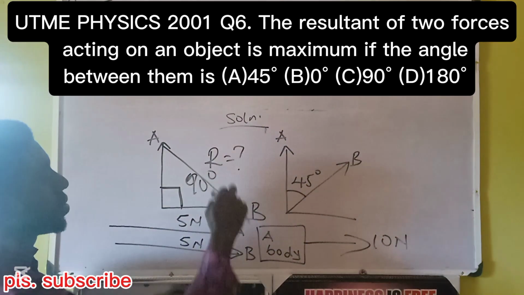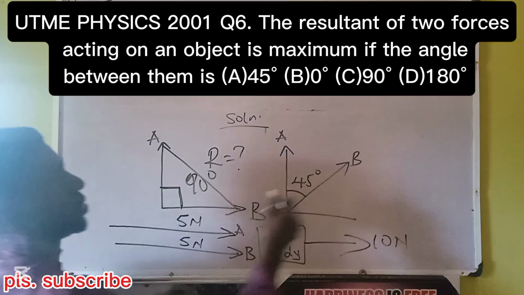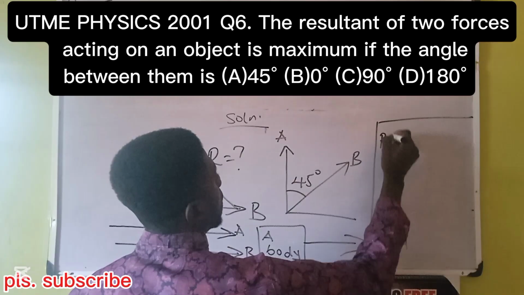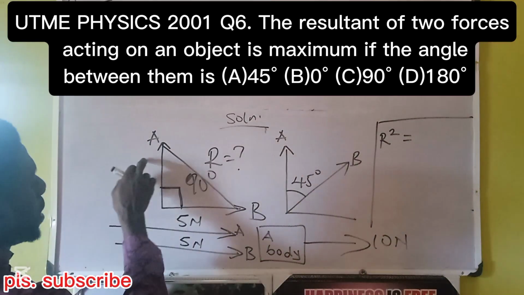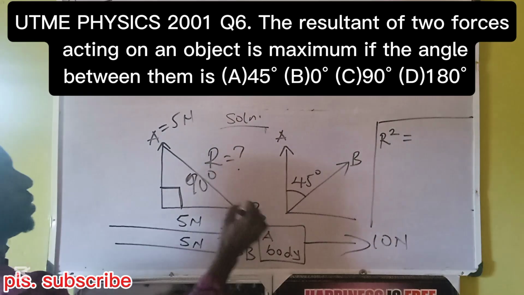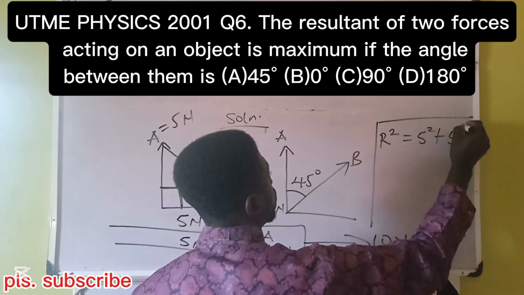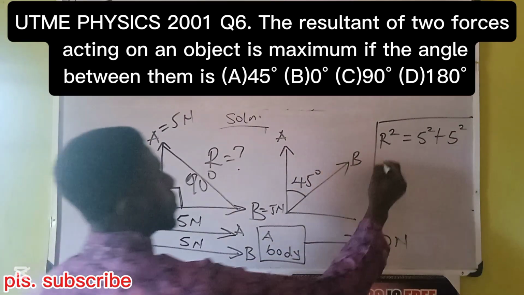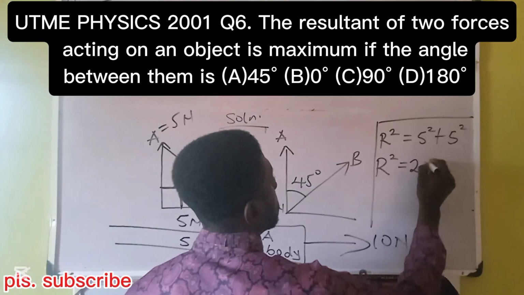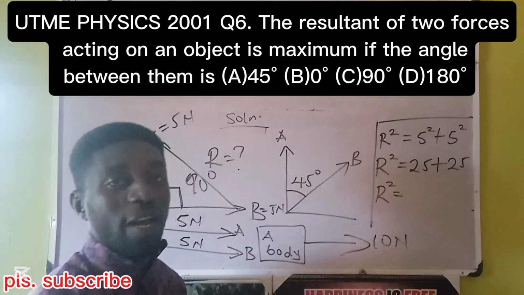So to get the resultant vector or resultant force, we'll be using Pythagoras theorem, which says, R squared is equal to, here is 5, there is 5. Let's still maintain the same magnitude, 5 Newton, 5 Newton. 5 squared plus 5 squared. R squared is equal to 5 squared, which gives me 25, plus 25, which gives me 50.